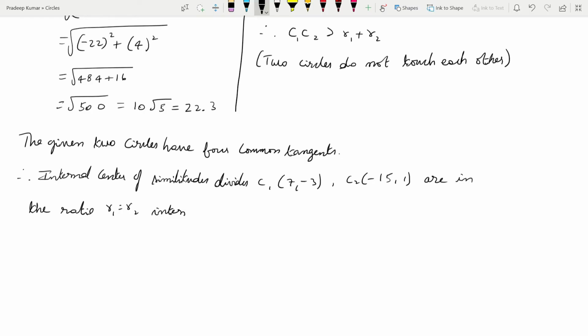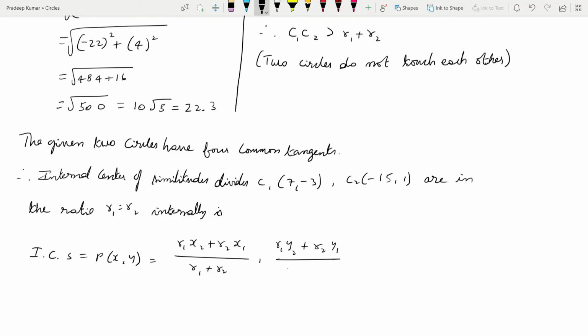I'll take the internal center of similitude as the point P. The formula to find the internal center of similitude is R1 x2 plus R2 x1 by R1 plus R2, and R1 y2 plus R2 y1 by R1 plus R2.